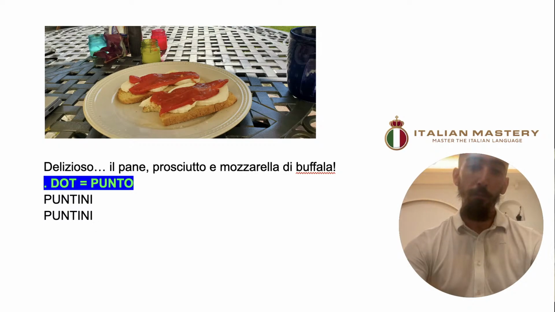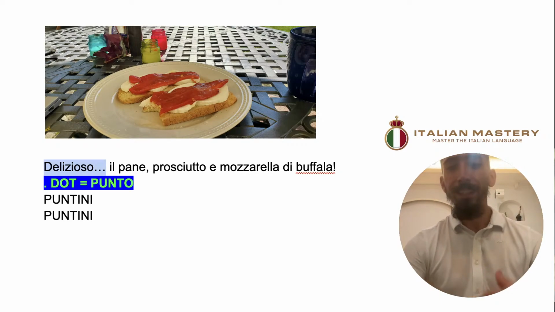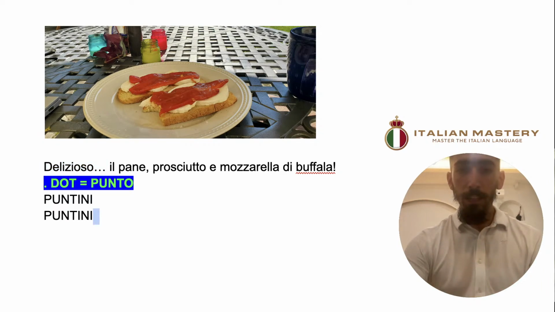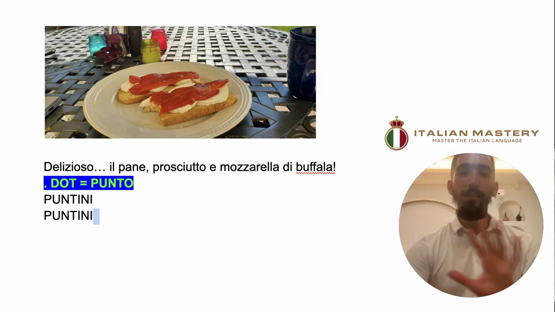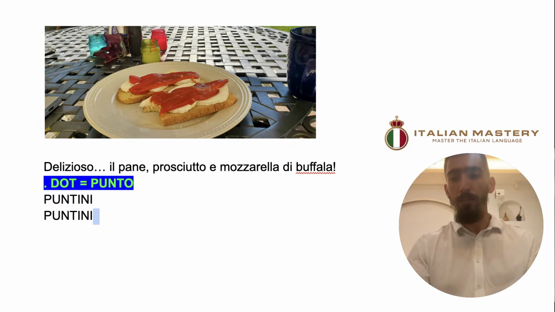This is one point, I guess, that's minor. Delizioso means delicious, and it's a valid comment. It's actually a great comment. Delizioso. Il pane, prosciutto e mozzarella di bufala. Fantastic. So this example is completely correct. Not just correct, but it's great.